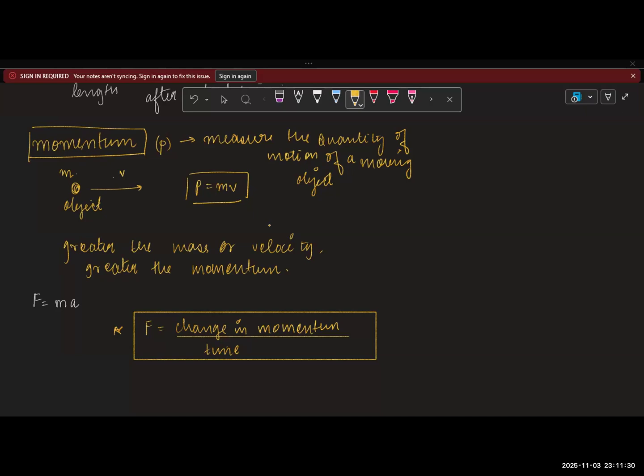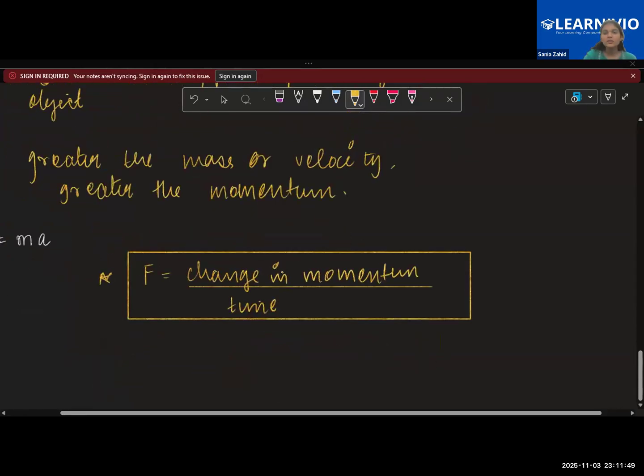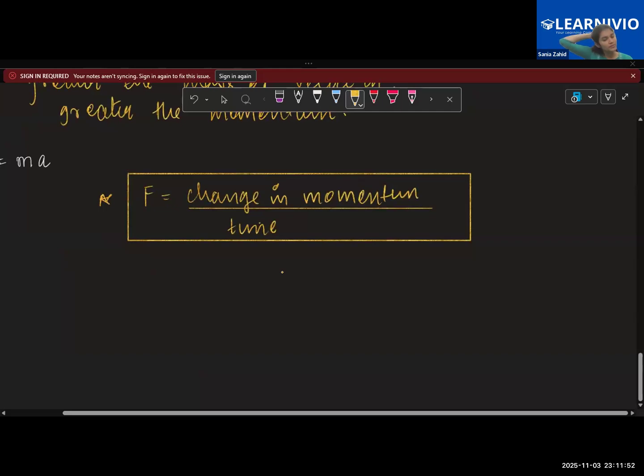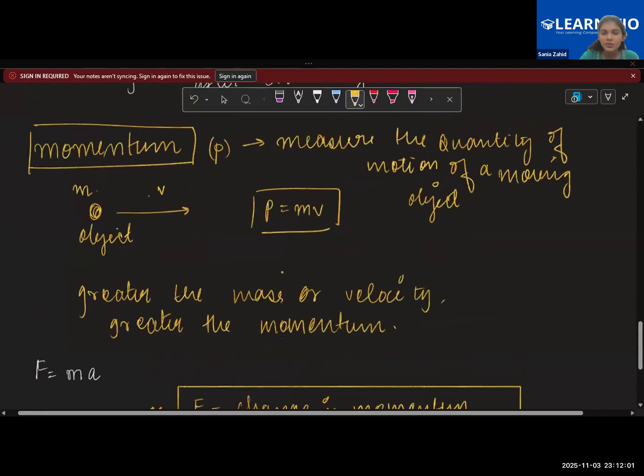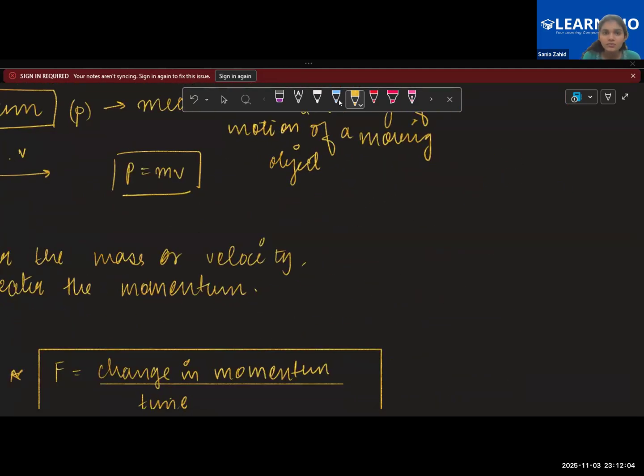What is the SI unit of momentum? I'll teach you that. But first, tell me, did you understand till here? Yeah. So I first have to discuss that the change in momentum with respect to time gives you force. Before this, I can tell you the SI unit, otherwise it will be left.